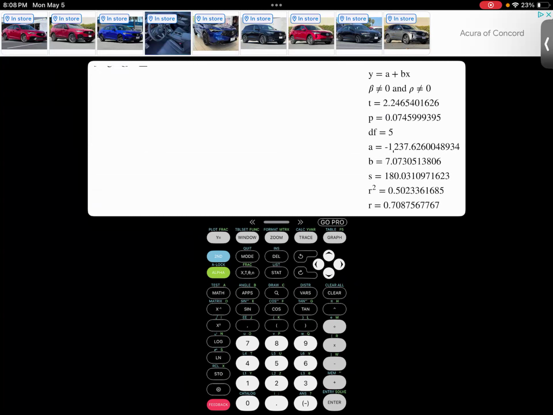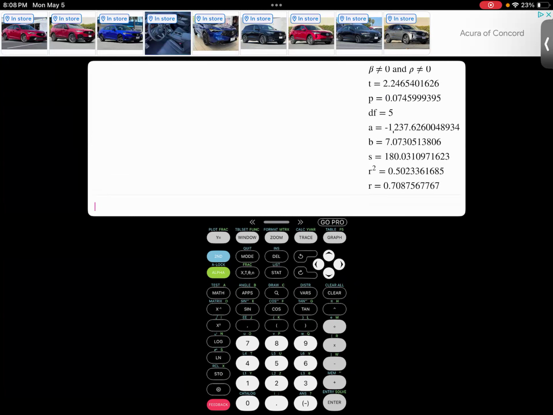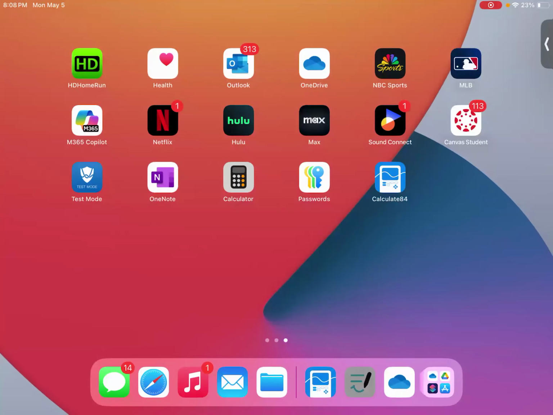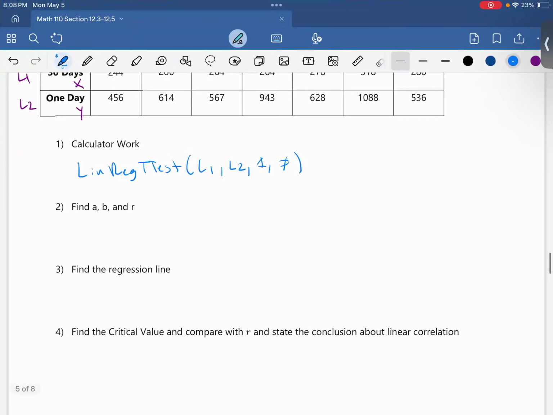We get our A, we get our R, and let's go ahead and write this into our work. I'm going to round a couple things. I'm going to round A to maybe 1 decimal place, I'm going to round B to 1 decimal place, so 7.1, and R to 3 decimal places.